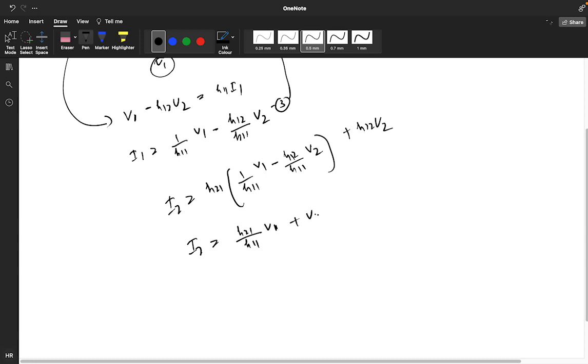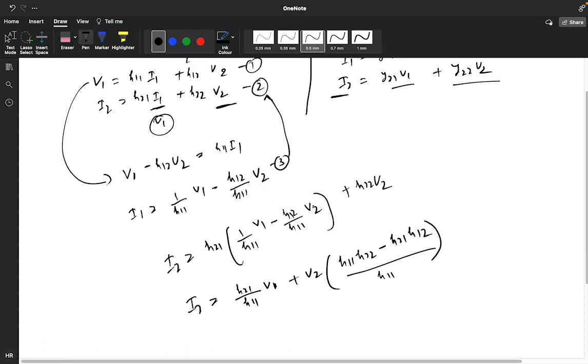Now taking V2 as common, you get H11 into H22 minus H21 into H12, divided by H11. So this is the I2 equation we got.